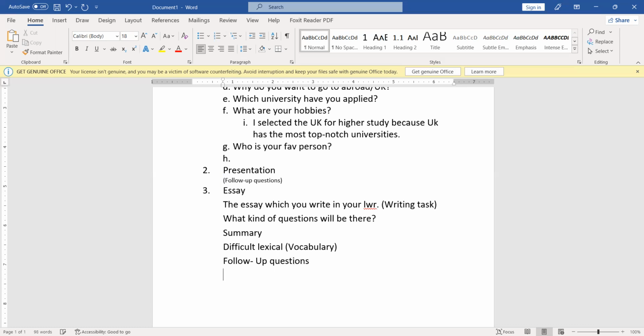Or another thing, she or he may give you a sentence, asking what is the meaning of this particular sentence which you have written in your essay.